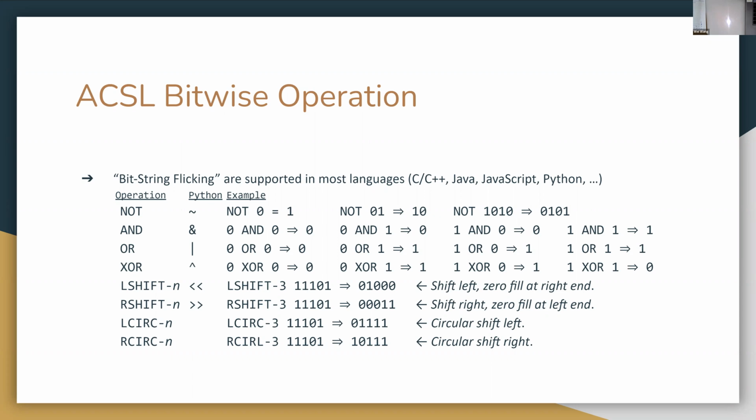So if you have 2 bits, 0, 1, and NOT 0, 1 becomes 1, 0. And if you have 1, 0, 1, 0, right, NOT this string, all the bits are flipped. So 1, 0, 1, 0 becomes 0, 1, 0, 1. That's how the NOT operator works, right?